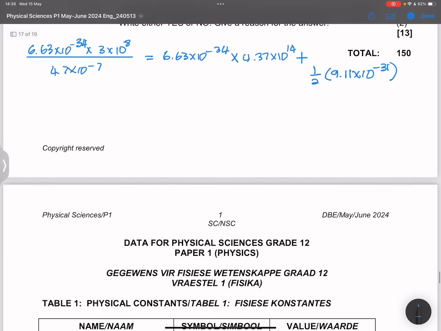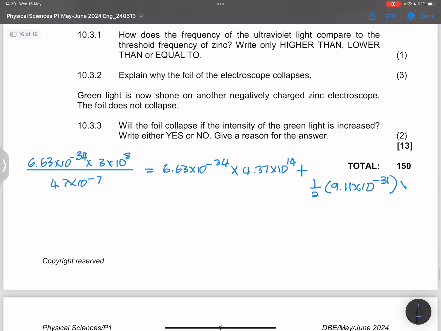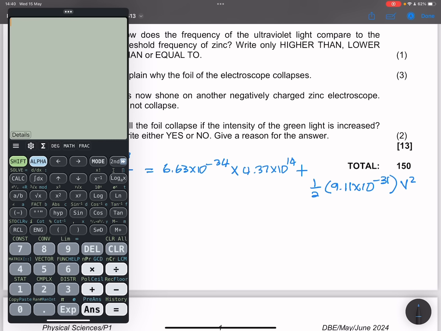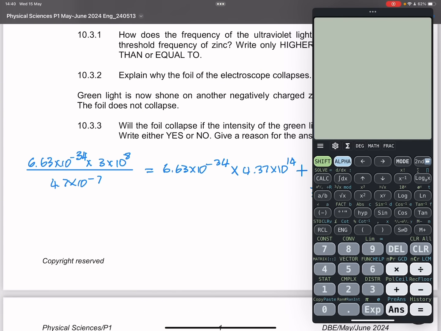Okay, right, so that's the mass of an electron multiplied by the speed squared. Right, so let's do that all in our calculator, ladies and gents. Start with the first thing, 6.63 exponent minus 34 multiplied by 3 exponent 8 divided by 4.7.